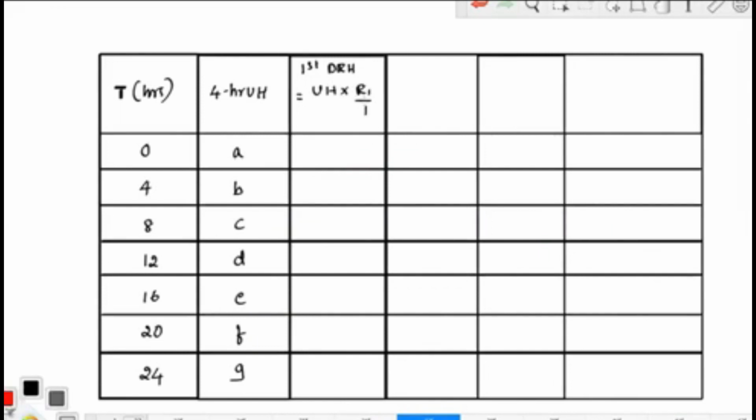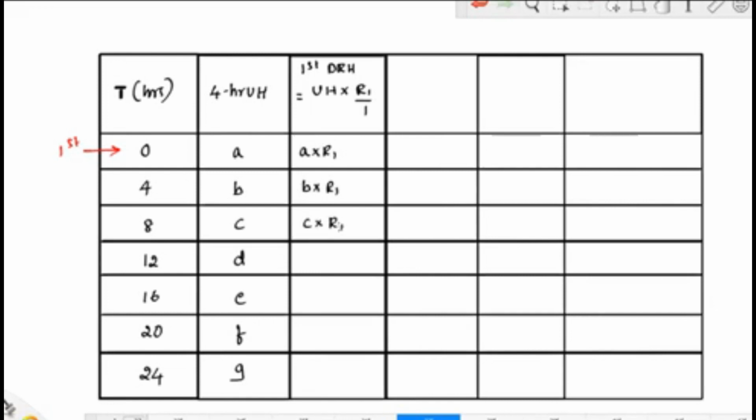So the first DRH should start from 0. So here it will be A into R1, B into R1, C into R1.